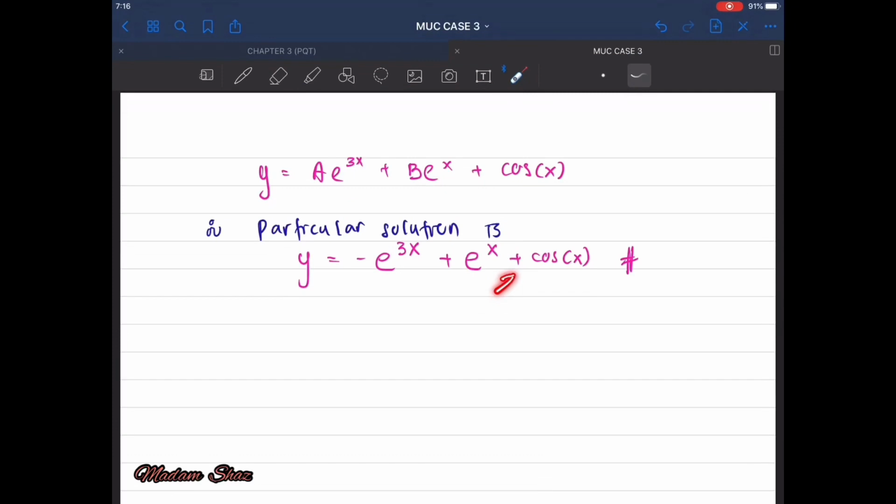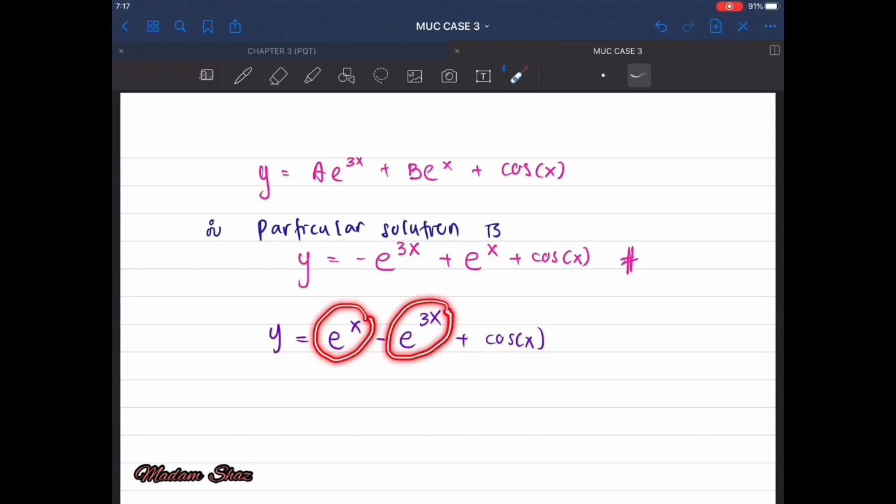There is a correction in the textbook. In the textbook, the final answer here is written in terms of negative cos. Okay, so the correct answer is positive. So let's say if your particular solution is y is equal to exponent x minus exponent 3x plus cos x, so it means that here you have changed the position of exponent x and exponent 3x.